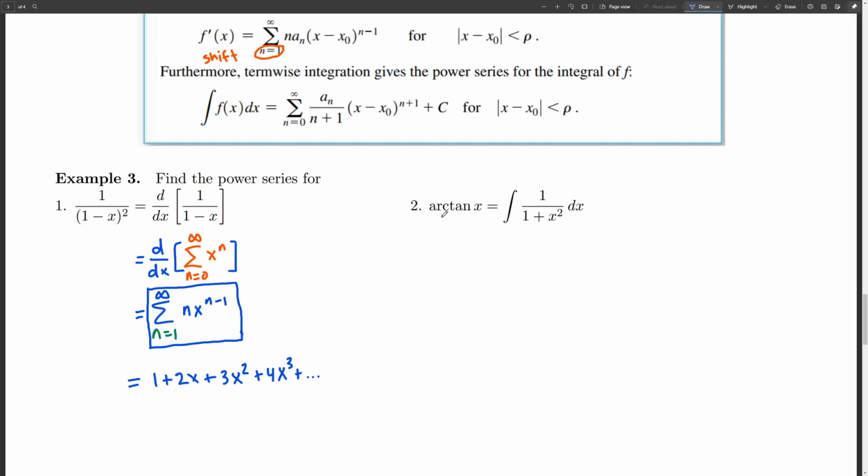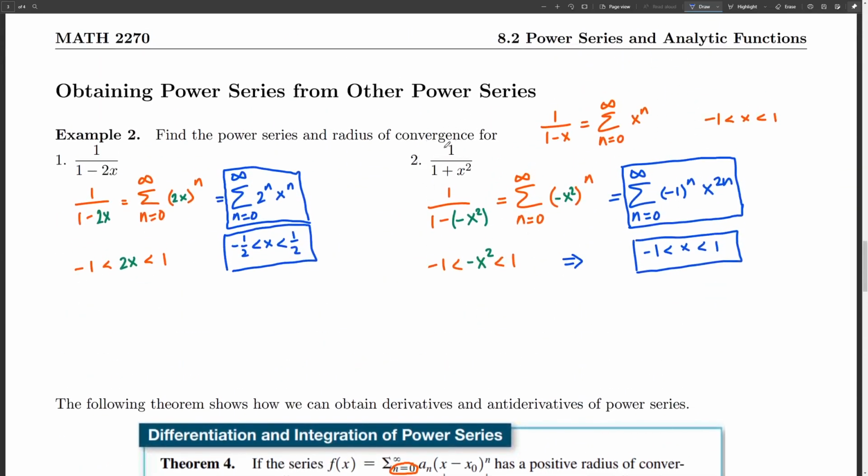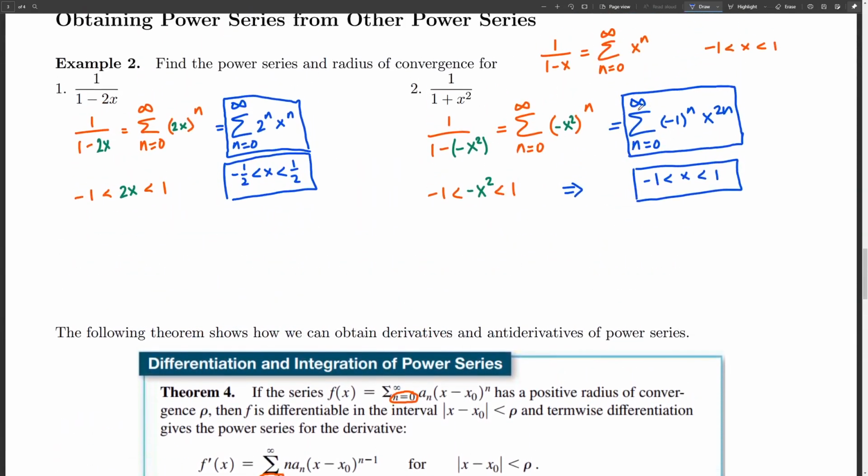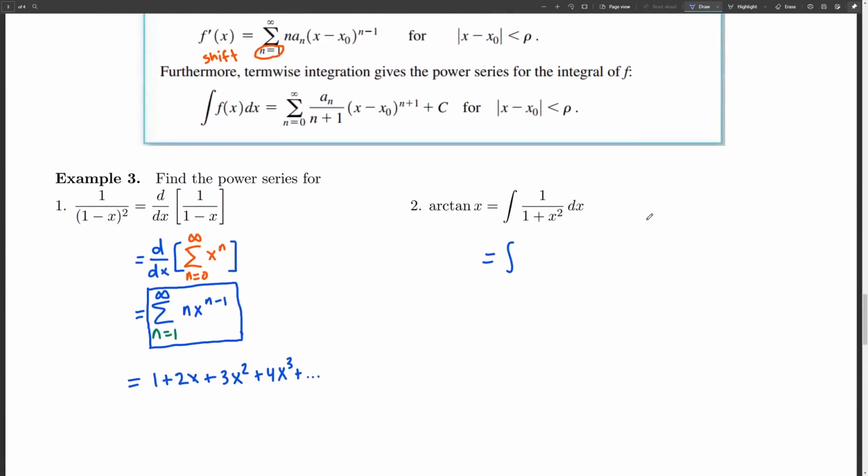Now, let's find the power series for the arctangent. So the arctangent is the antiderivative of 1 over 1 plus x squared. So we take the antiderivative, and now we need to figure out what the power series of 1 over 1 plus x squared is, but we did that over here. So the power series was given by this expression here.